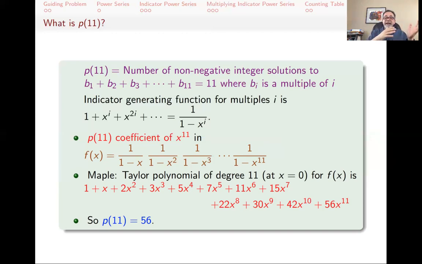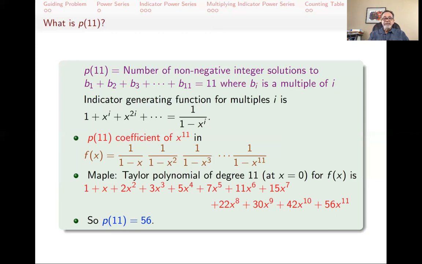So when you multiply it out, whether you put it in or not, the coefficient of x to the 10 in the result is going to be the same. So this Taylor polynomial is telling me all the partition numbers up to 11. So 1, 1, 2, 3, 5, 7, 11, 15, 22, 30, 42, and 56 are all the partition numbers up to 11.